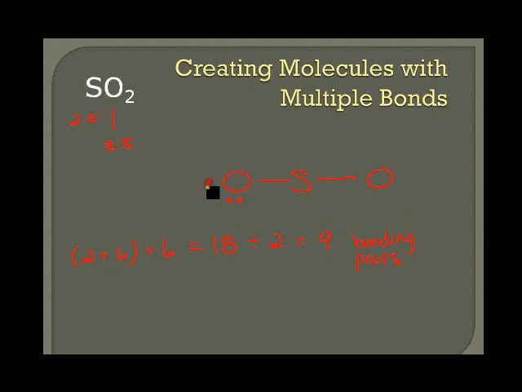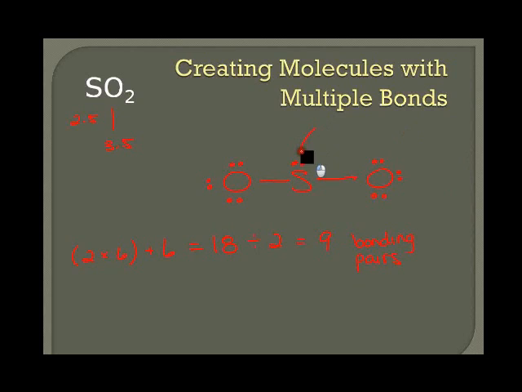So 1, 2, 3, 4, 5, 6, 7, 8 on each. So those oxygens are happy, and we'll assign our 9th pair to sulfur. We have no more pairs to place.